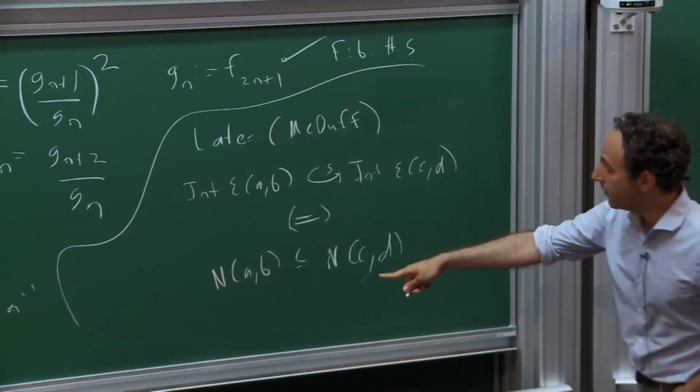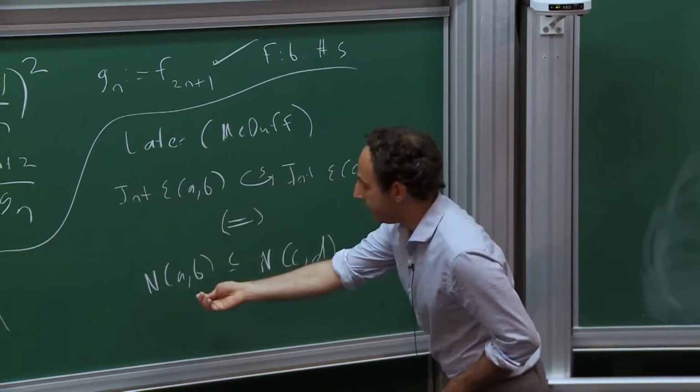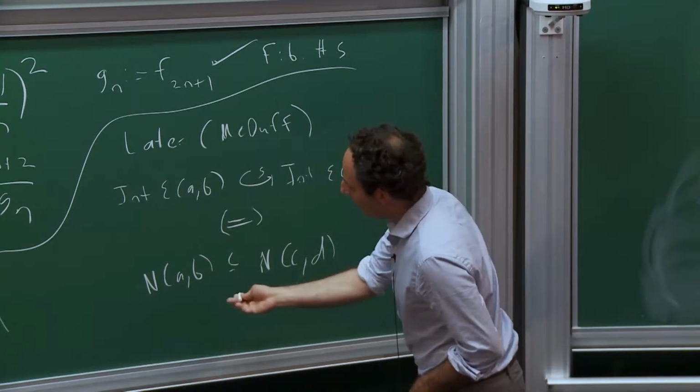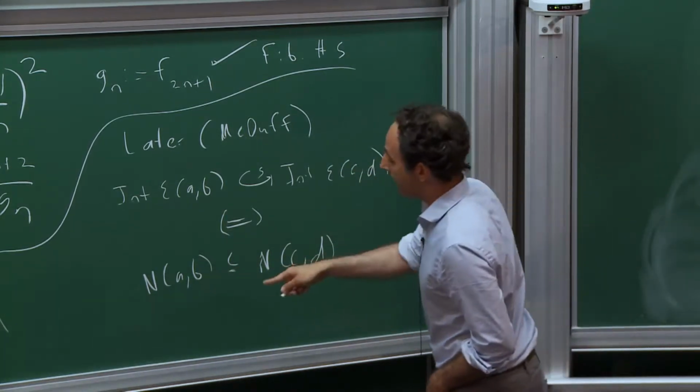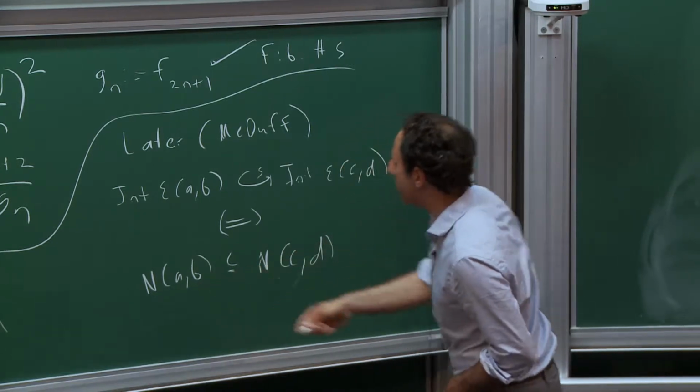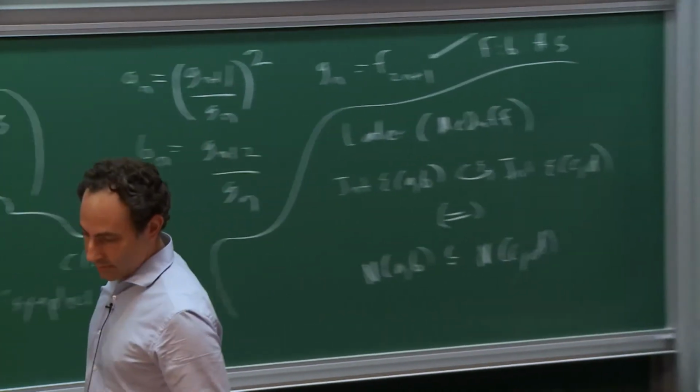In a minute I'll tell you what these sequences are, but this is just some sequence of real numbers, and here less than or equal to means term by term inequality. So this is a purely combinatorial sequence determined by a and b.